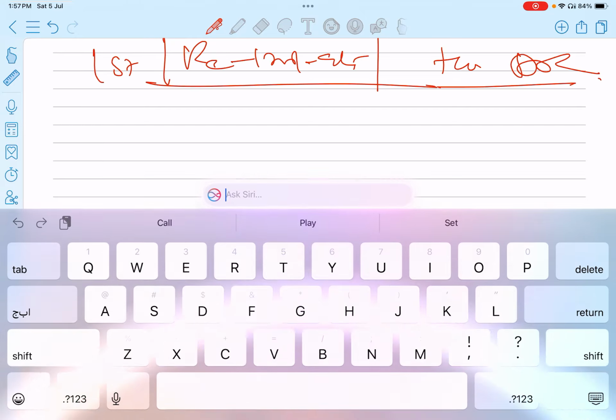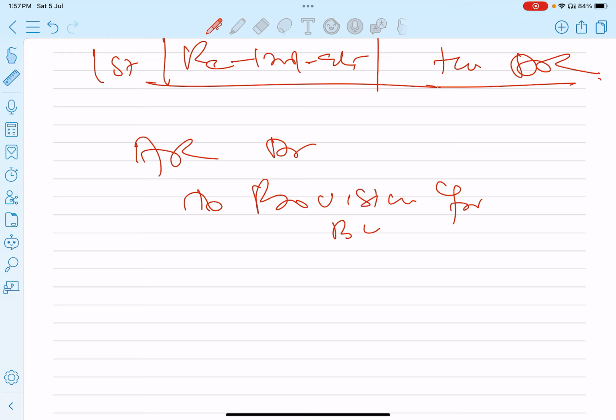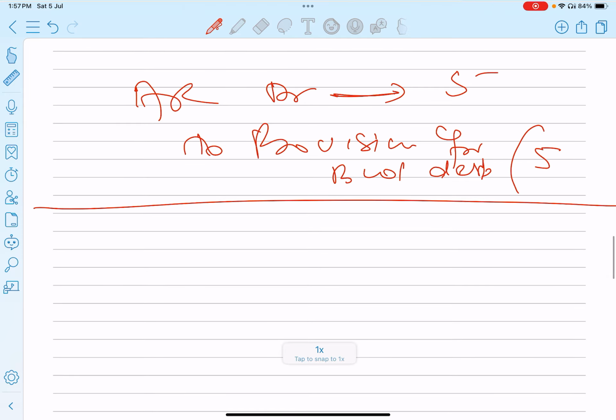It means that you need to do AR debit to provision for bad debts, 5.